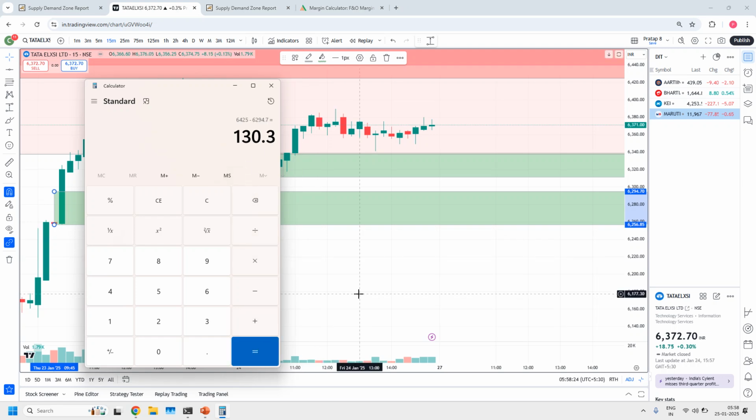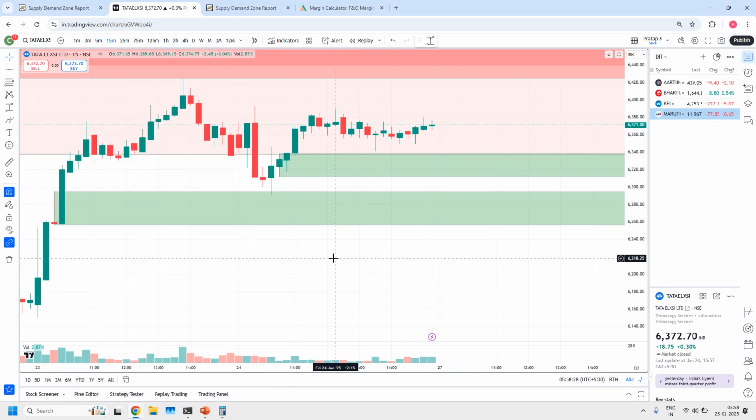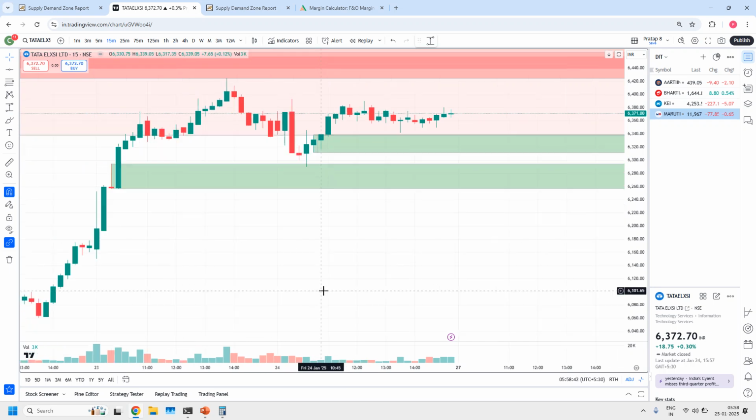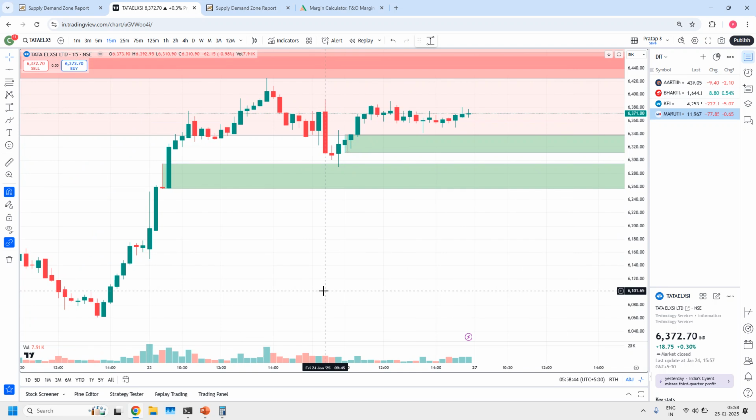You got 130 rupees profit in 2 trading sessions. The entry was on Thursday, 23rd January 2025, and on 24th January 2025 it reached the target, because it is a daily DIT trade.